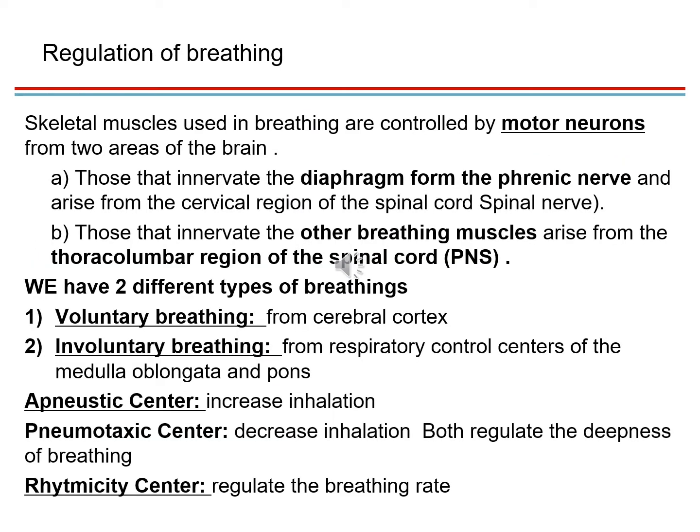To understand the regulation of breathing, we need to understand how the skeletal muscles that we use for breathing are controlled. And they are controlled by motor neurons. Remember that motor neurons are the ones emerging from the central nervous system to reach the effectors.